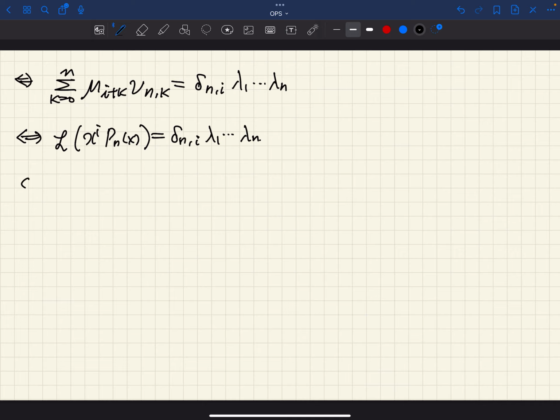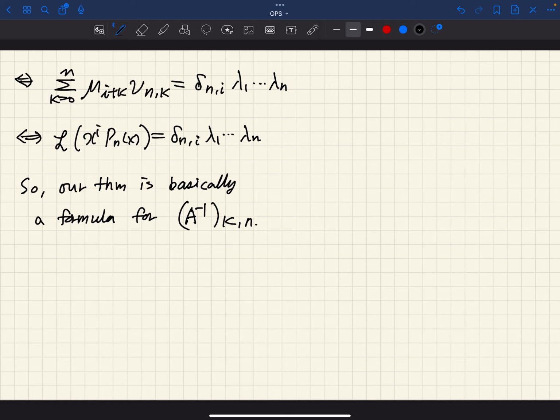So our theorem is basically saying that there is a formula for the matrix inverse, say the entry k comma n, where A is the Hankel matrix, the finite Hankel matrix.